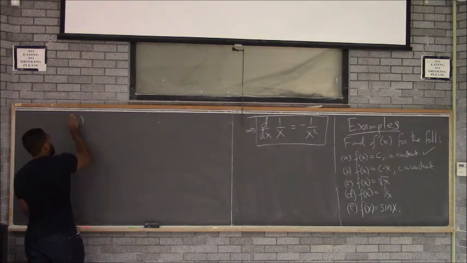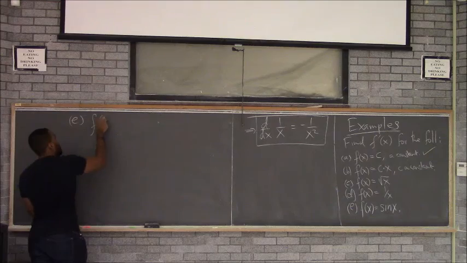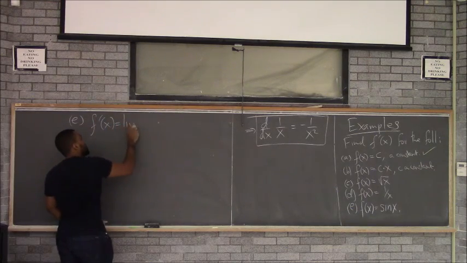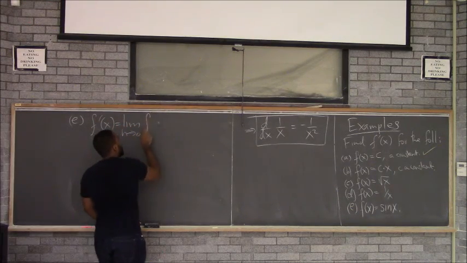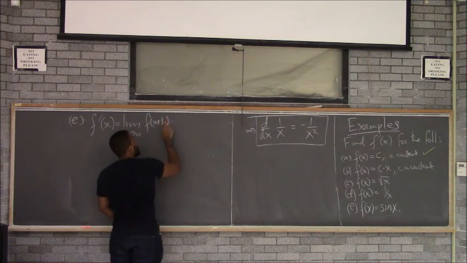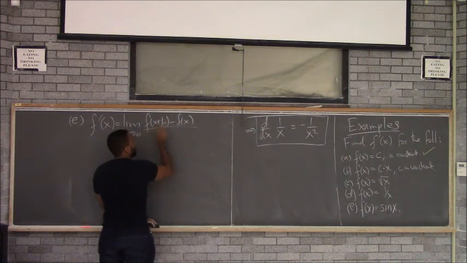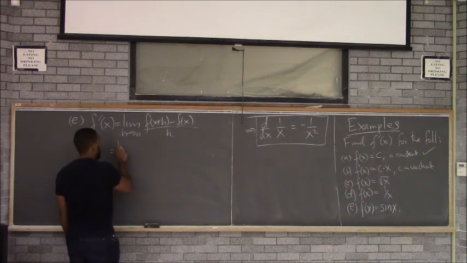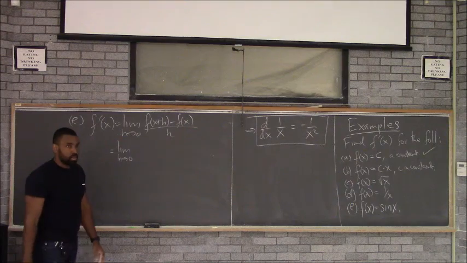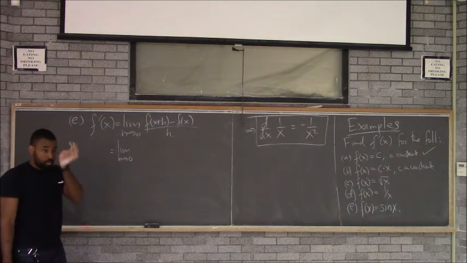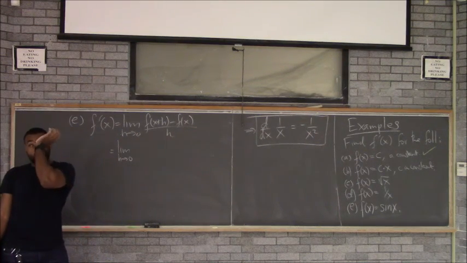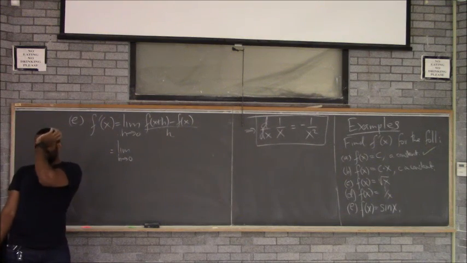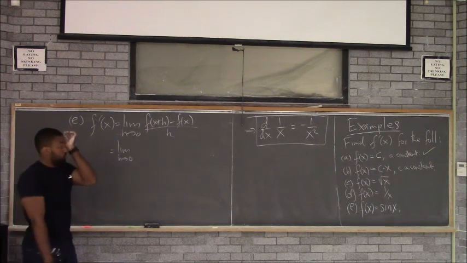Okay, someone tell me how to do E. f prime of x equals the limit as h approaches 0 of f of x plus h minus f of x over h. Okay, what is f of x plus h? Yeah. Sine of x plus h.